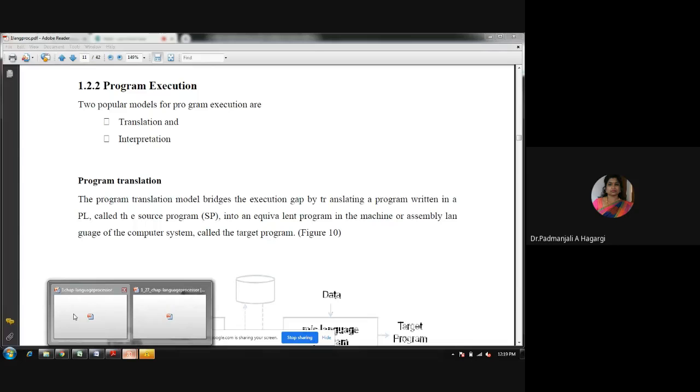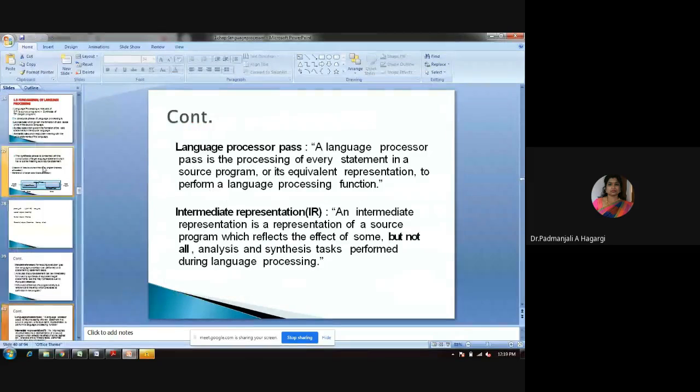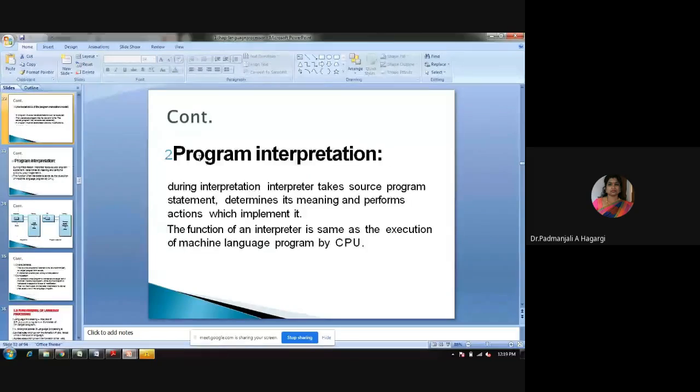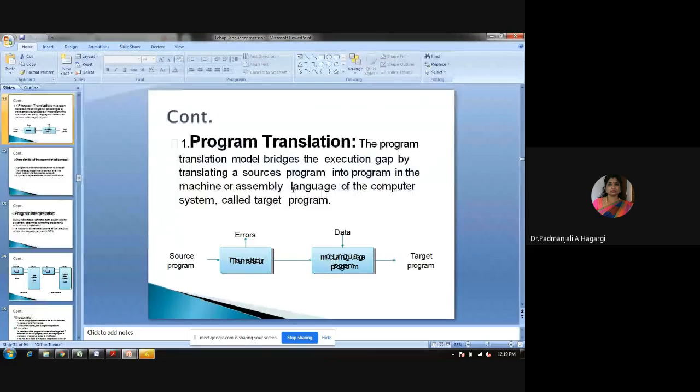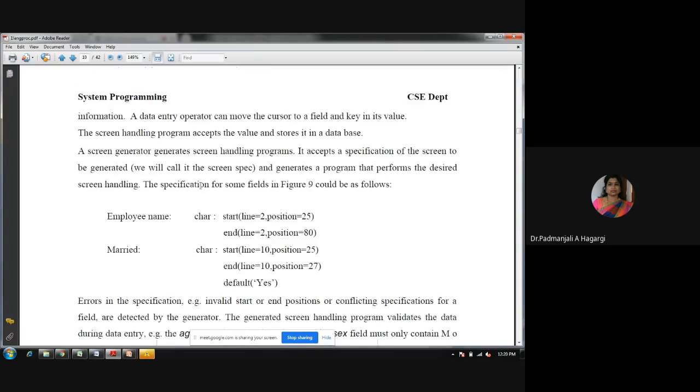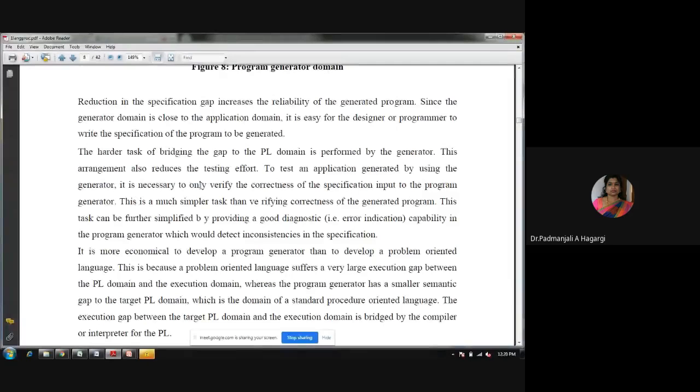Here we have seen program translation and interpretation. In program translation, it takes the source program, translating the program written in the so-called source language.